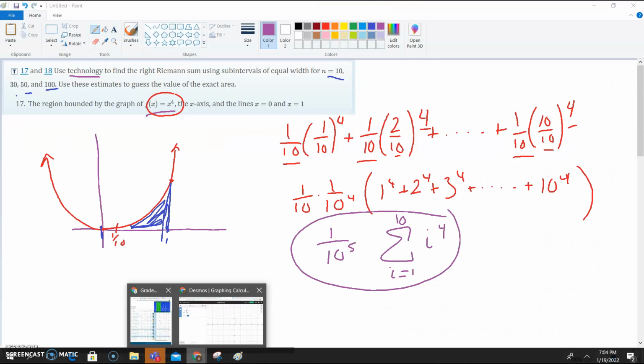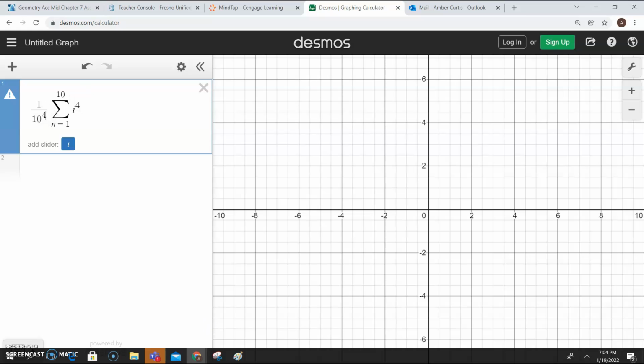So let me jump back, and we are 10 to the fifth power. And we'll put a multiply between these. And actually, sorry, we cannot use I because the index they use here is n, so we're going to do n. And there we go. And we get our answer for the first one. So the area under the curve, if we cut into 10 rectangles, is about 0.2533.